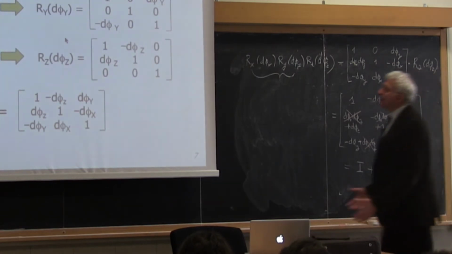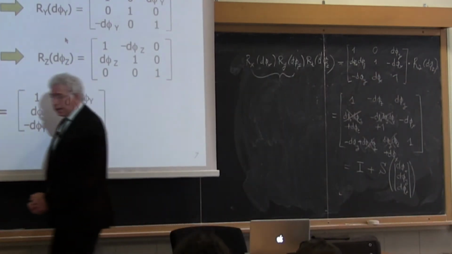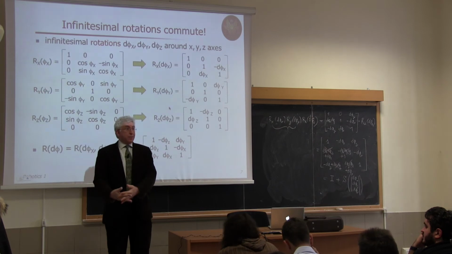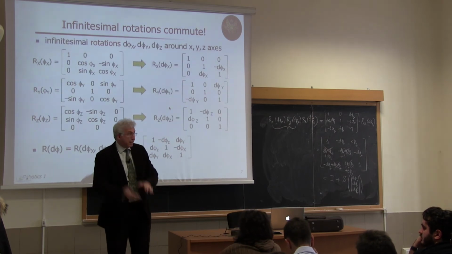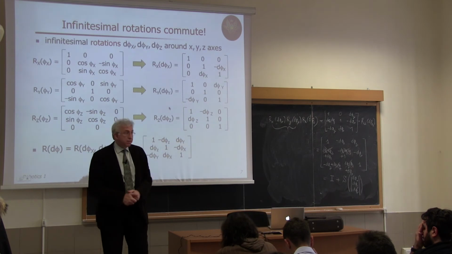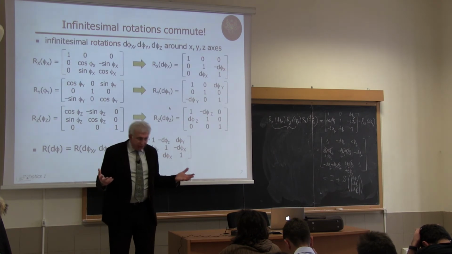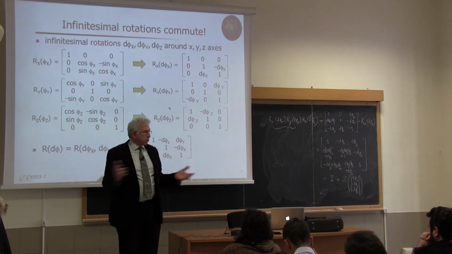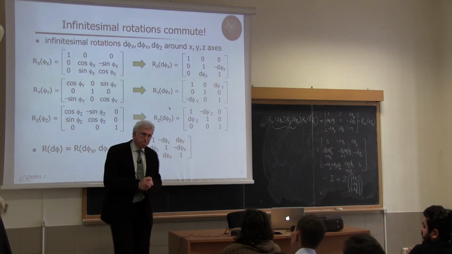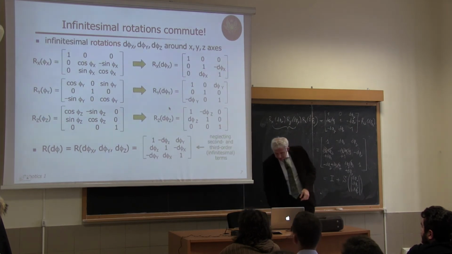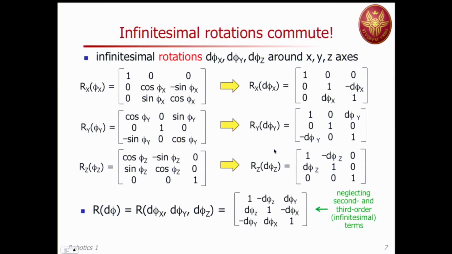So the result is that infinitesimal rotations commute, and if from an infinitesimal rotation you divide by delta t and take the limit for delta t going to 0, you get omega, and so omega is a vector, in fact, because the sequence is not relevant anymore. Okay? I think you're convinced about this. This is already what I wrote on top of this.